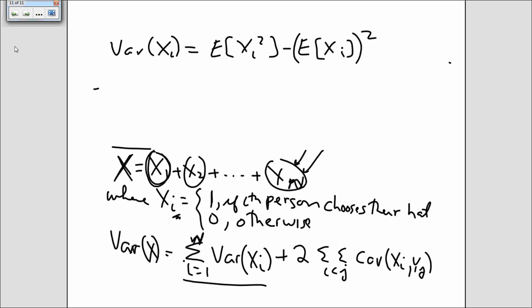But now, Xi is either 0 or it's 1. 0 squared is still 0, and 1 squared is still 1. That is, Xi squared is the same as Xi. So it's E of Xi minus E of Xi quantity squared.